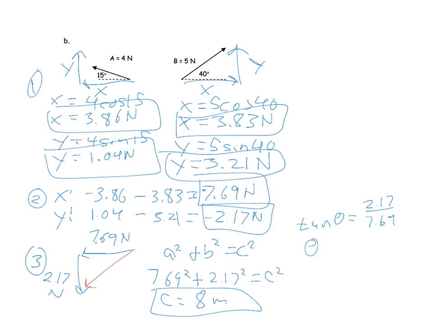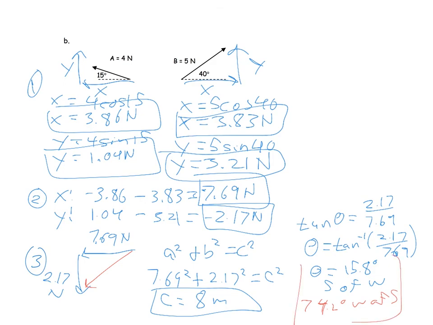And so I find that my angle is the inverse tangent of 2.17 over 7.69, which gives me an angle of 15.8 degrees, and that's going to be south of west. Or, as always, I could also say 74.2 degrees west of south would also be acceptable.